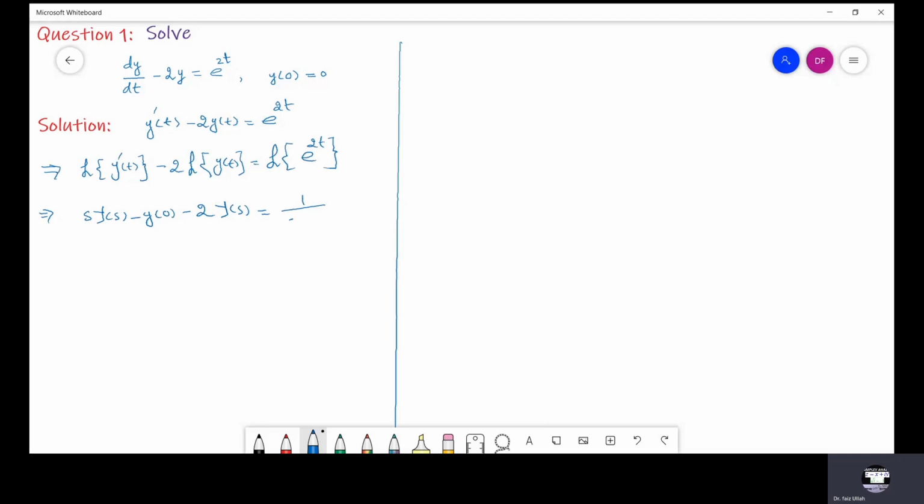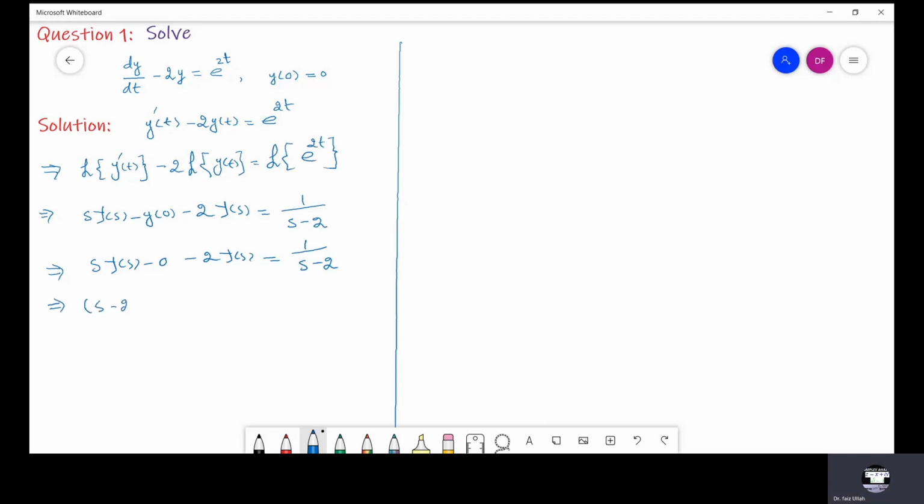This is equal to 1 over s minus 2. And now let us use the initial value, and we know that y of 0 is equal to 0. So we can write s y of s minus 0 minus 2 y of s is equal to 1 over s minus 2.